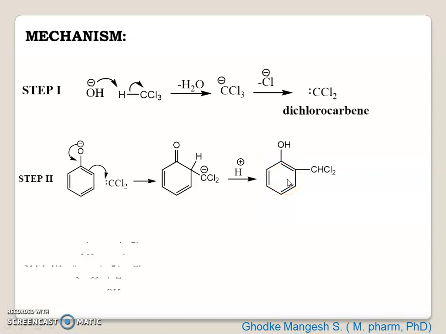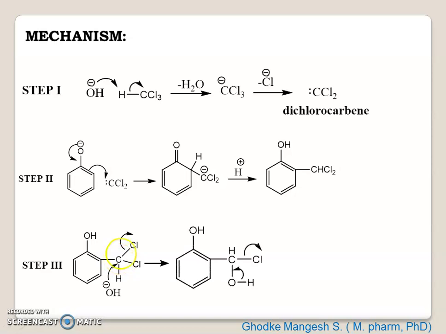Now in the third step, the OH group is reacted with carbon so that it will give the next intermediate. From this intermediate, loss of HCl will take place, that will give the aldehyde group at the second position.